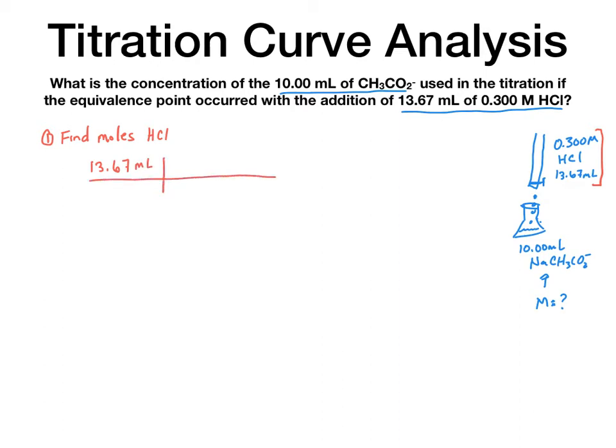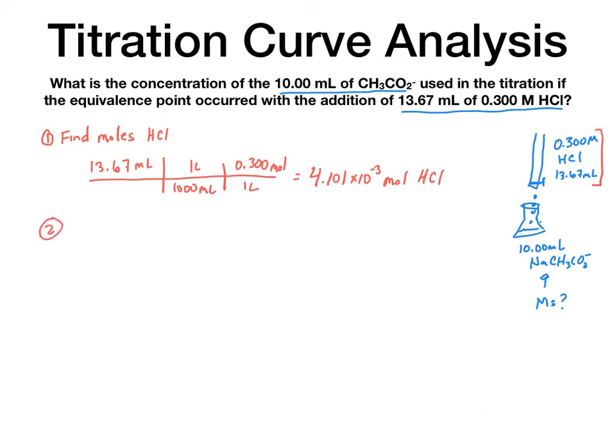I'm going to convert that to liters, and then use the concentration to find moles, and I get that there are 4.101 times 10 to the minus 3 moles of HCl.